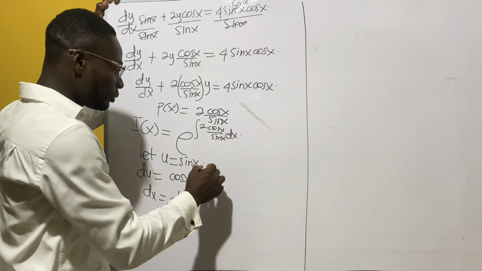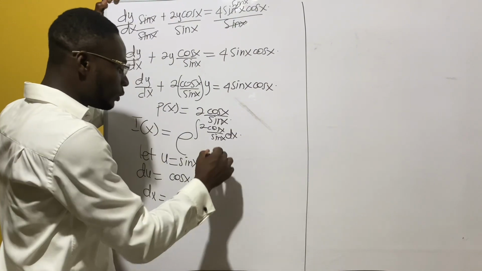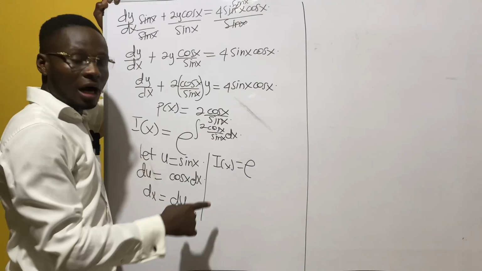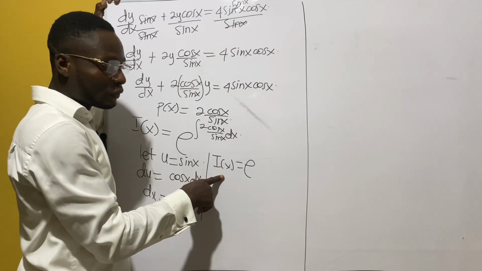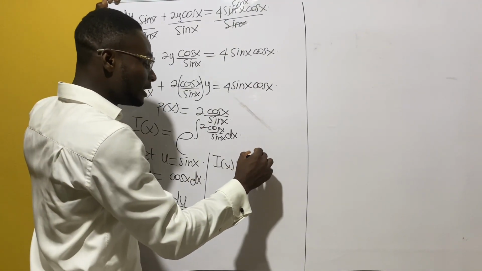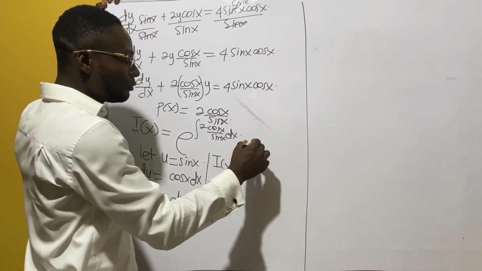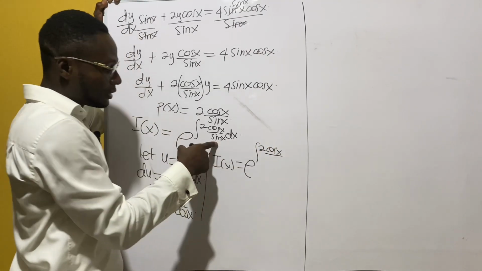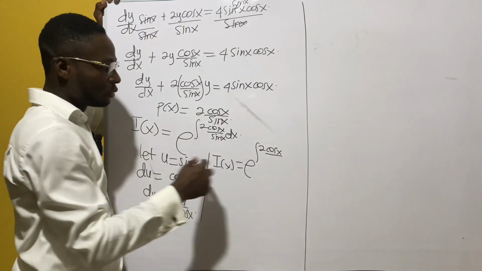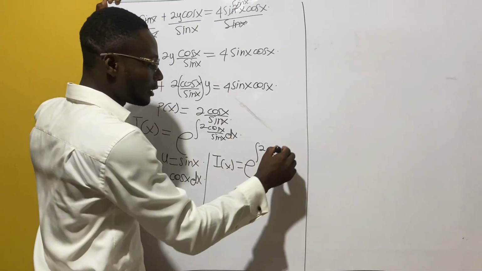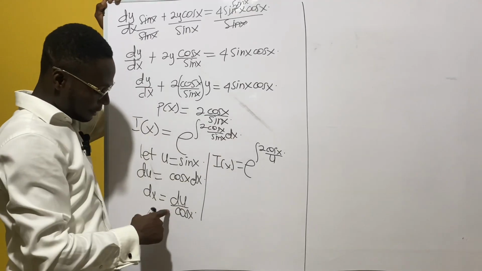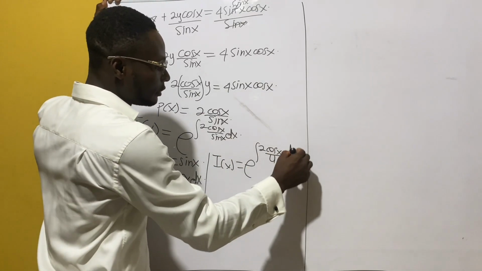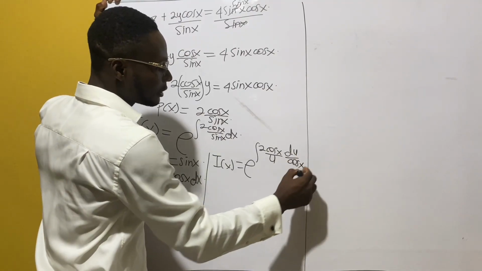Once we have this, we can do the substitution. So we have I of x, the integrating factor, equals e power the integral of 2 cos x over u, times dx, which is du over cos x.